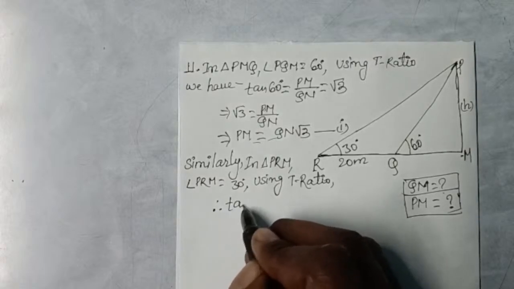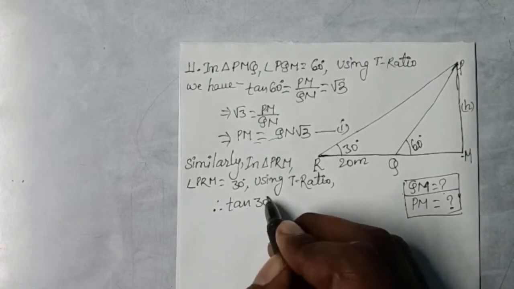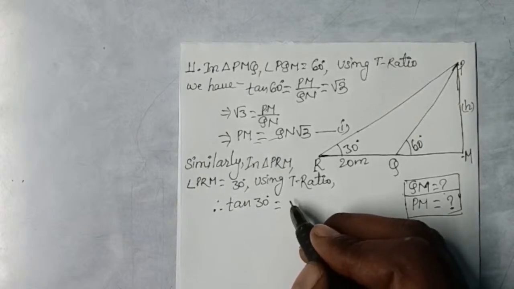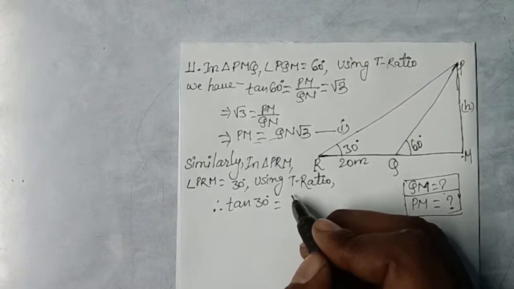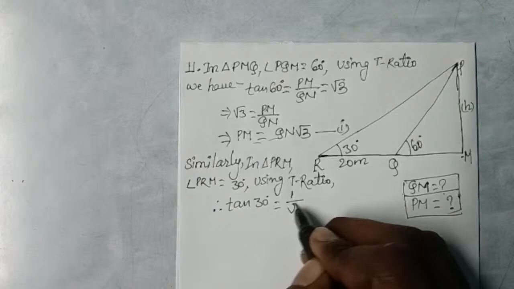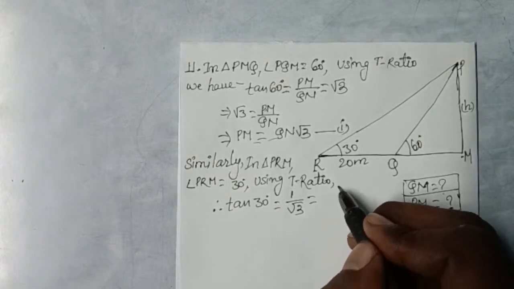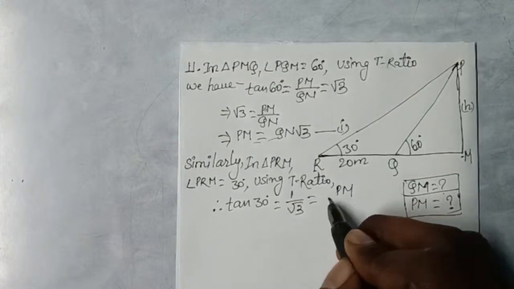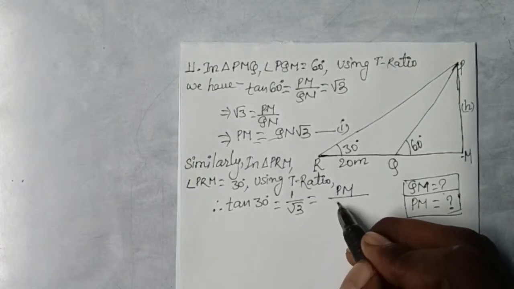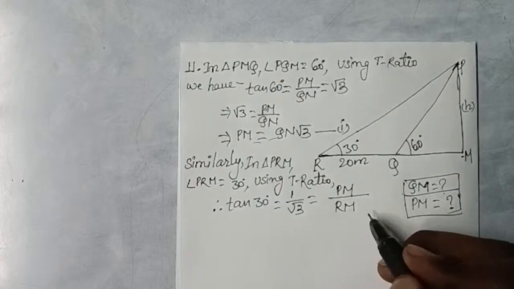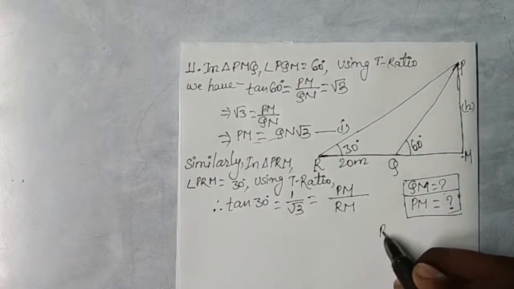Therefore, tan 30 degrees equals what? Tan 30 is 1 by root 3, and this will be equal to PM upon RM, and RM is what?